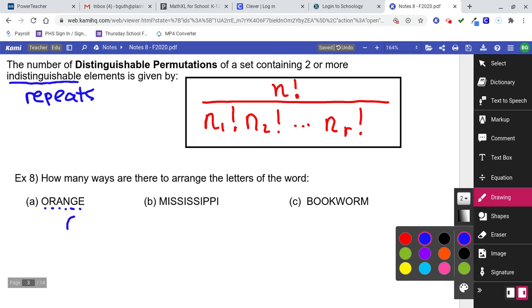Since there are 6 letters total, that would be the numerator, 6 factorial. But then on the denominator, you have to go through each of the individual pieces.